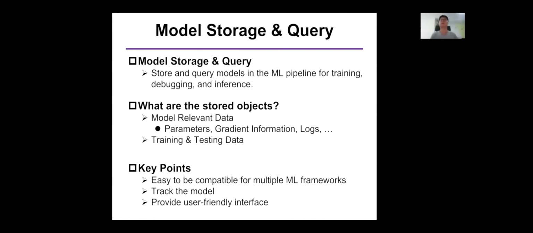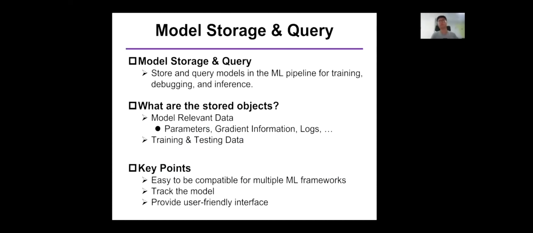So first, let's see the model storage and query. So what data should be stored? It's model-relevant data like parameters, gradients, information logs, and the training and test data.